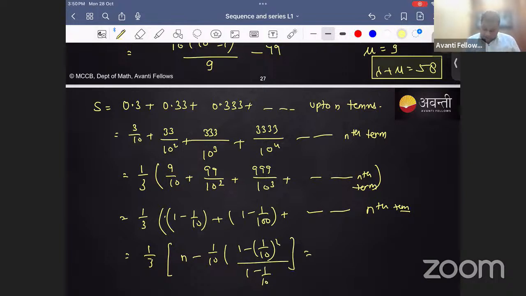Got it? So the answer will be 1 by 3 times n minus 1 by 9 into 1 minus 10 to the power minus n. Am I clear?